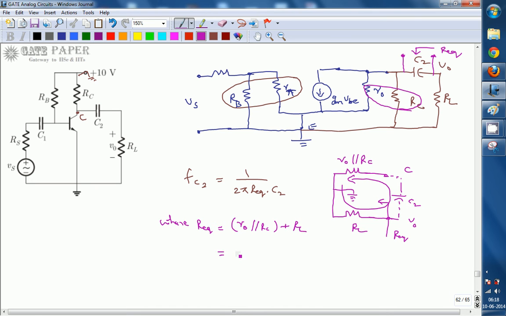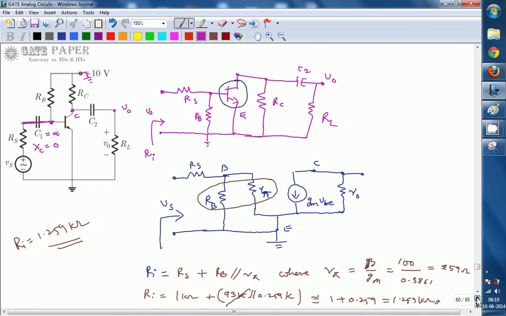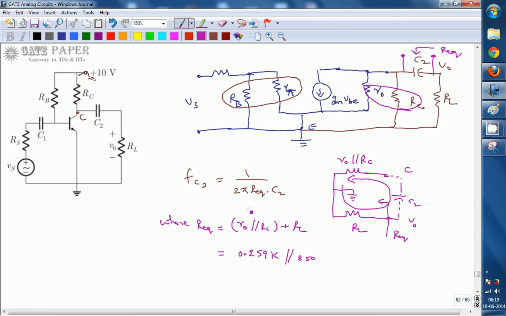R0 is given as 259 ohms, that is 0.259 kilo ohms, in parallel with RC, which is given as 250 kilo ohms, plus RL, which is 1 kilo ohm.